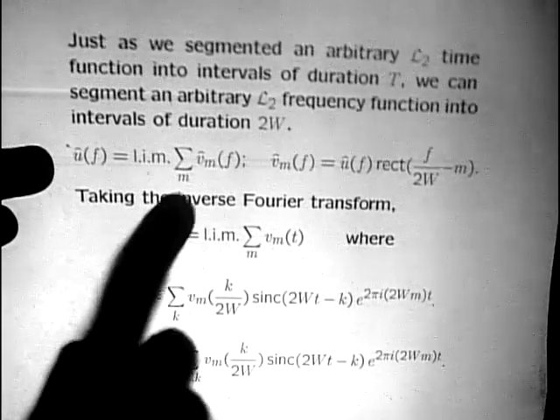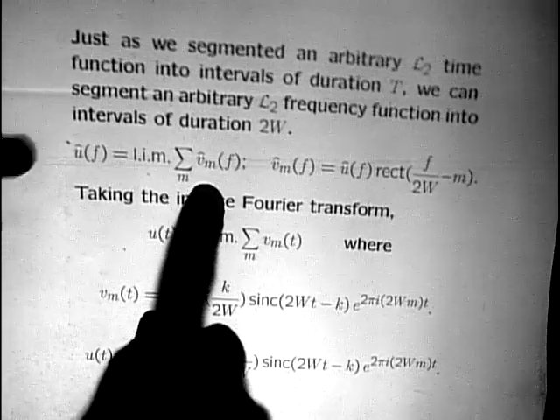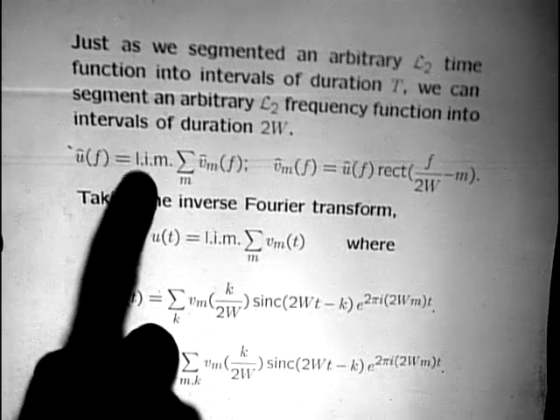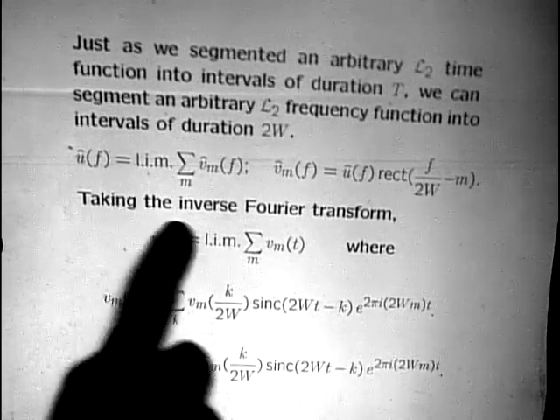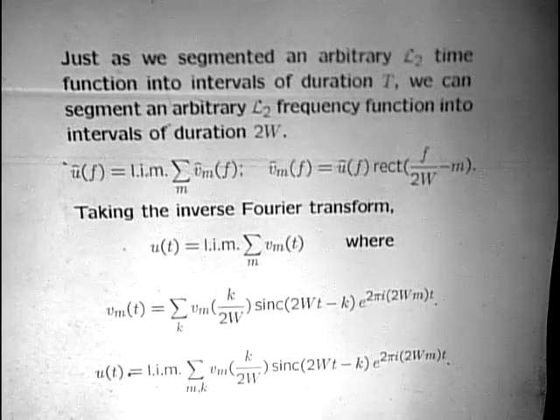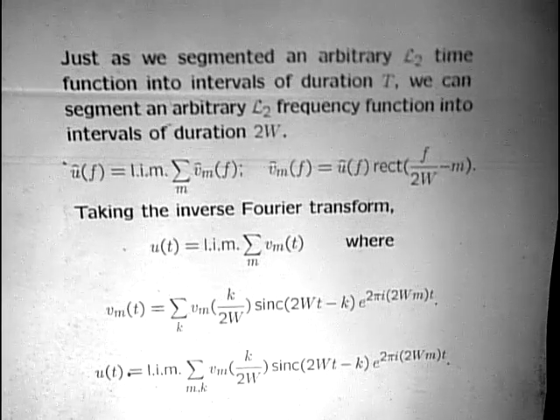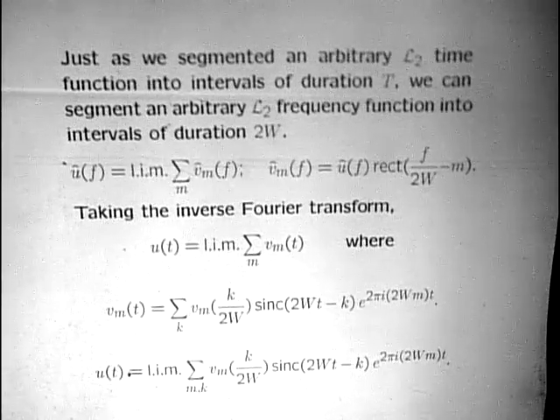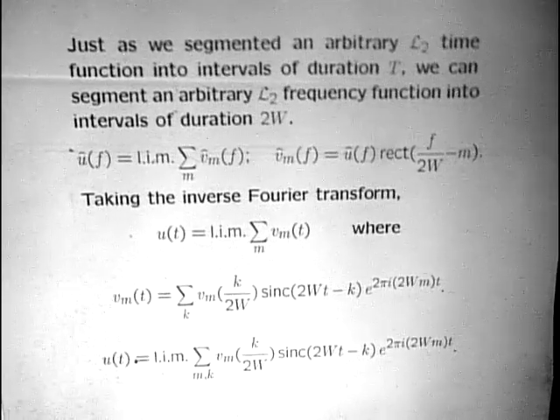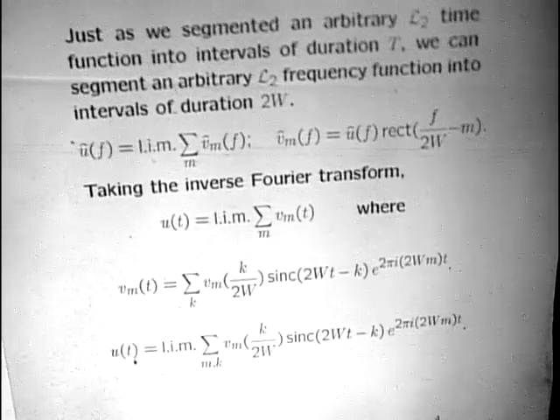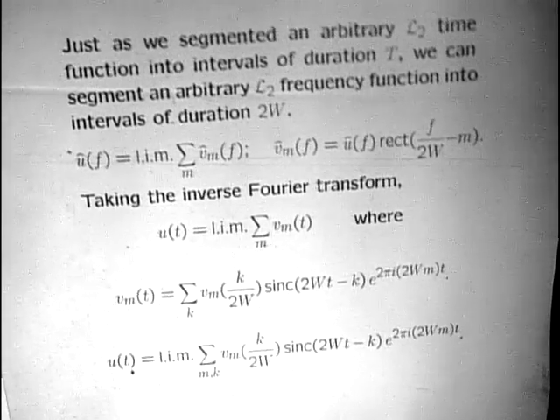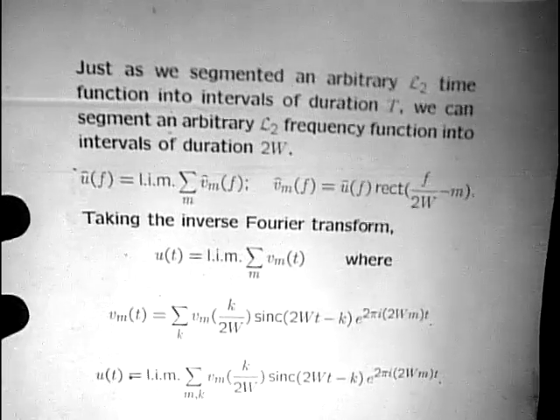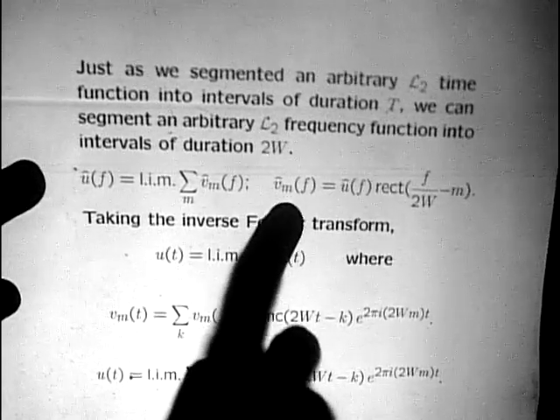We can represent it as the sum of all these separate frequency functions. I just threw a limit in the mean here because I'm not being careful about what happens where we separate from one frequency function to the next. Namely, at frequency W, do I use one term, or do I use the other term, or do I use the sum? But we don't want to worry about that. We don't want to even think about it. So we put a limit in the mean here.